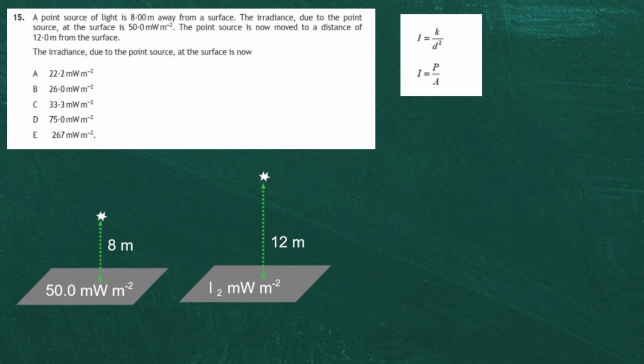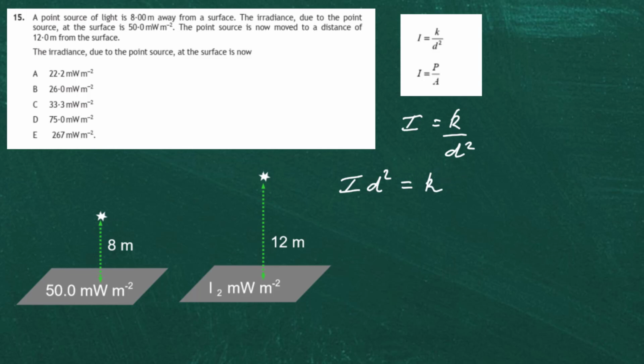So let's get it in the form ready to do the problem. We know for a fact that the irradiance I is going to be equal to a constant divided by d squared. Now if we cross multiply, we're going to have I d squared equal to a constant number.